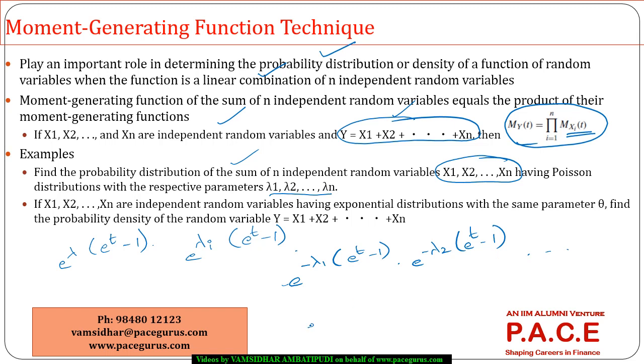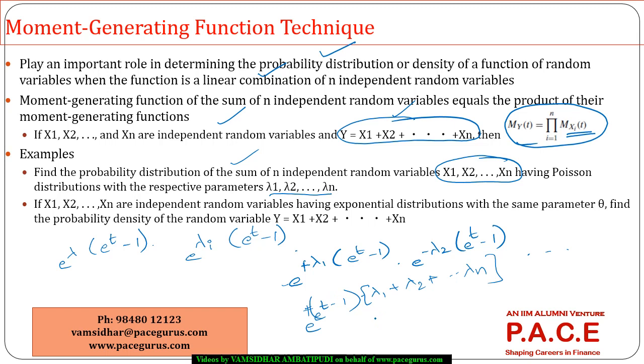I could take e to the power of t minus 1 outside, and inside is lambda 1 plus lambda 2 plus lambda 3, and so on up to lambda n. Where is this minus coming from? There is no minus in the moment generating function, it is e to the power of lambda only. So I am getting lambda equal to lambda 1 plus lambda 2 plus and so on.